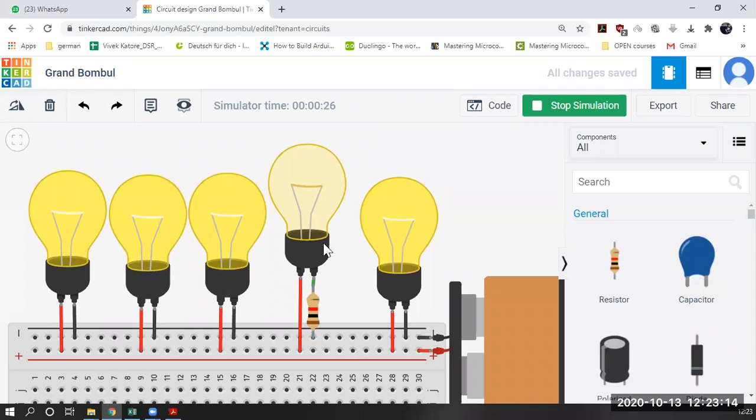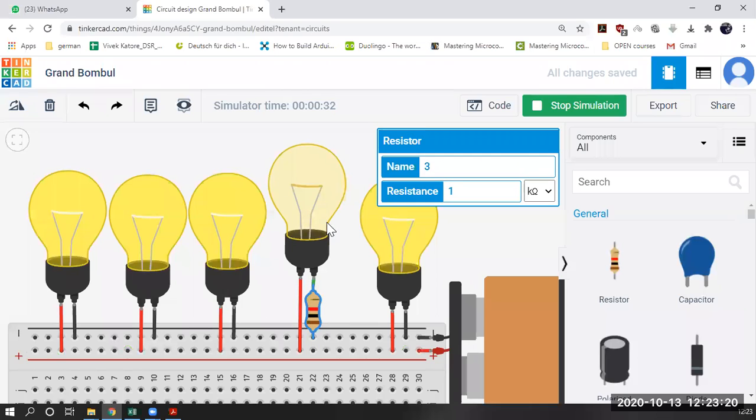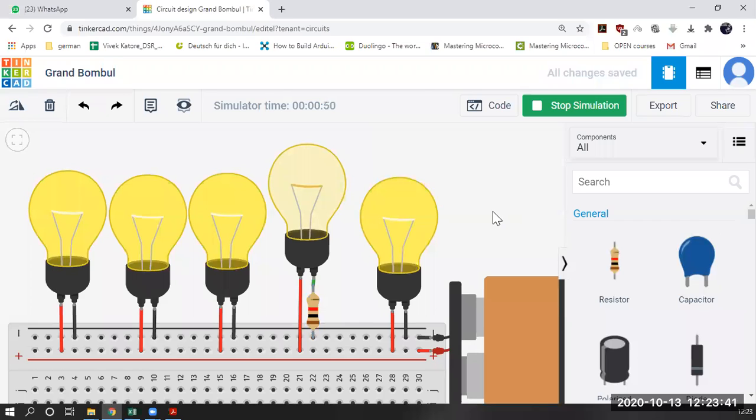It won't increase, but it will only decrease. You can see, because of the resistance, this is a little dim. Always you know that if I change the value, its brightness will change. Or if I give too much resistance, no current will flow. Right?